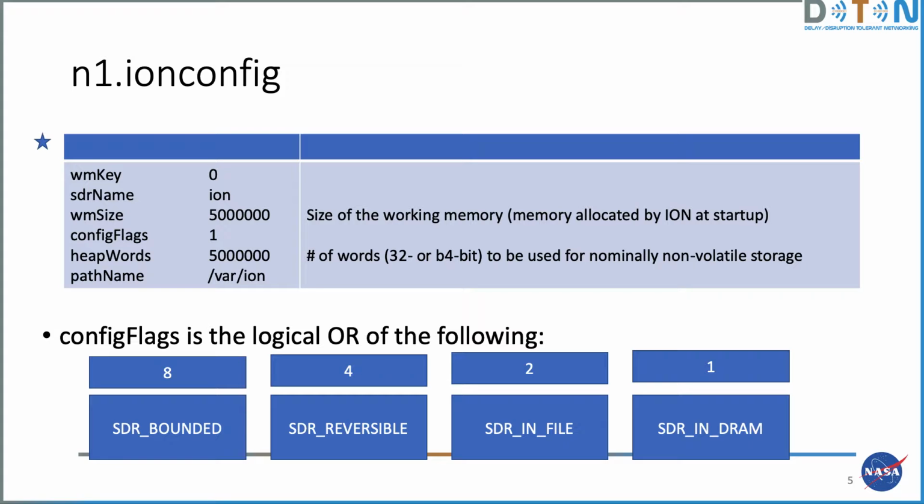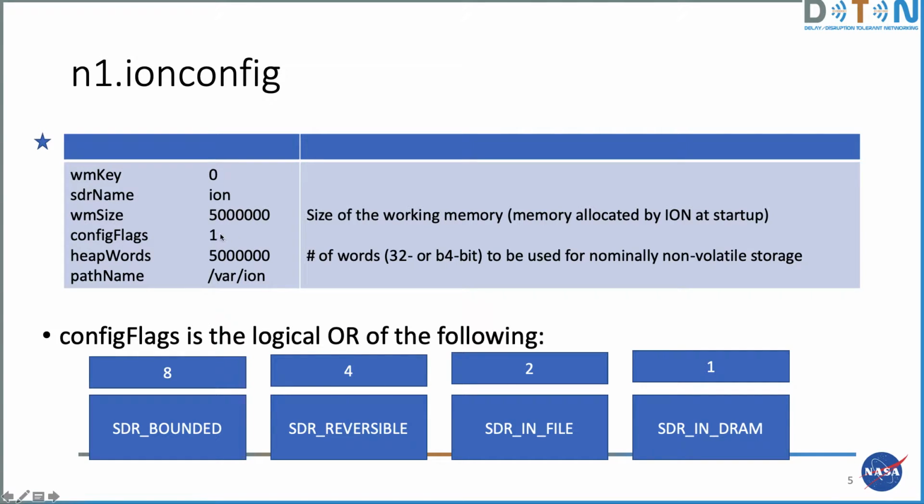You'll lose what happened during the transaction, but everything will at least be in a consistent state at that point, so that you don't lose all of the SDR and all of the state that you have. And SDR bounded has to do with some internal error checking that the SDR code will do to make sure that nothing is going out of bounds while you're running.